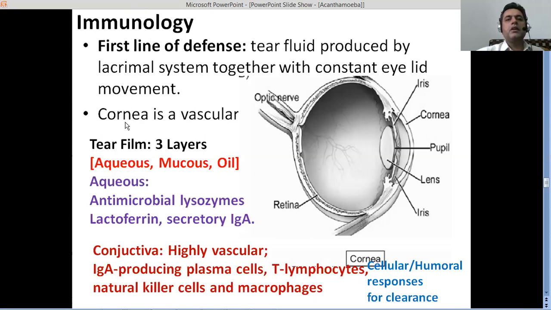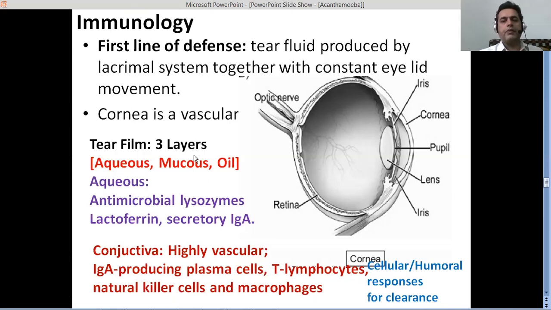Cornea is avascular. Avascular means that there are no vessels in the cornea. So you can say that if there are no vessels, it's a kind of immunocompromised, or you can say that it's not very well protected as compared to other structures of the eye or other structures of your body because of non-vascularization there.